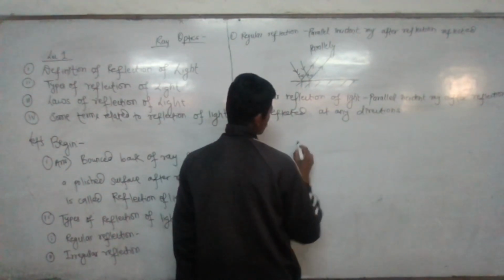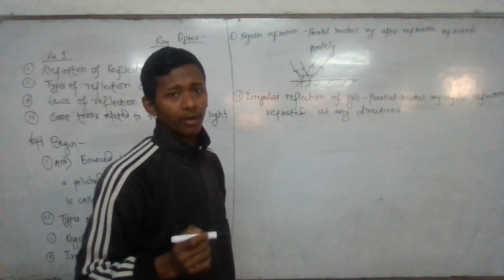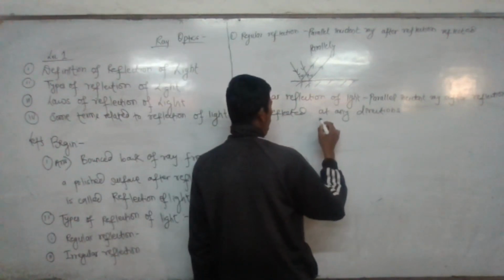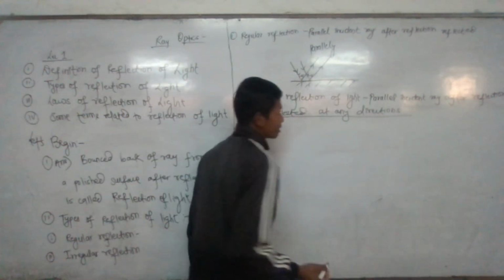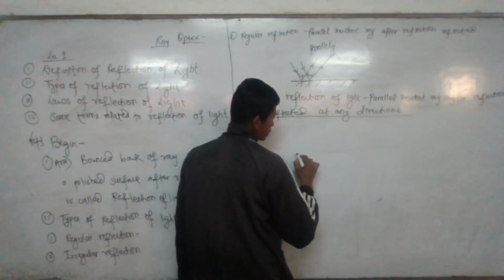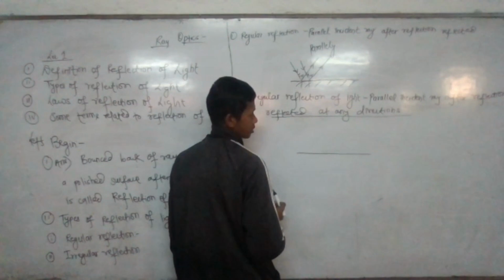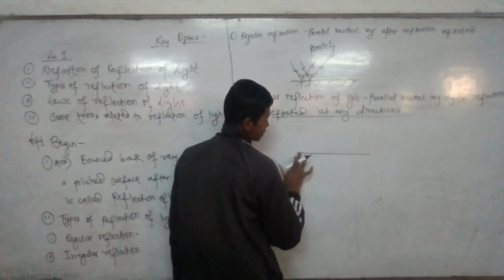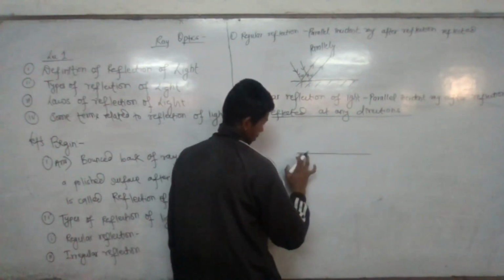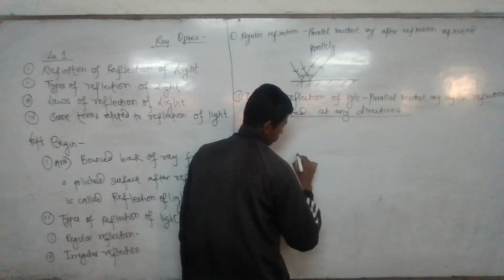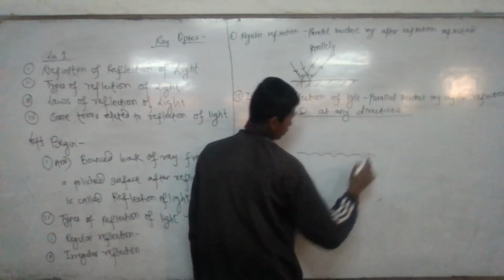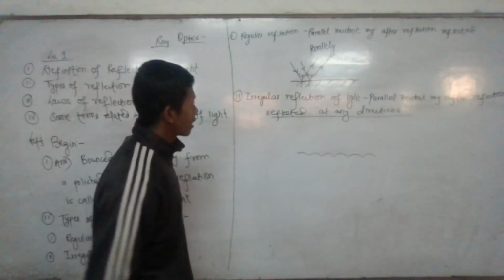If you go to its molecular level to see why the rays are reflected in any direction, suppose this is the surface of an irregular reflector.